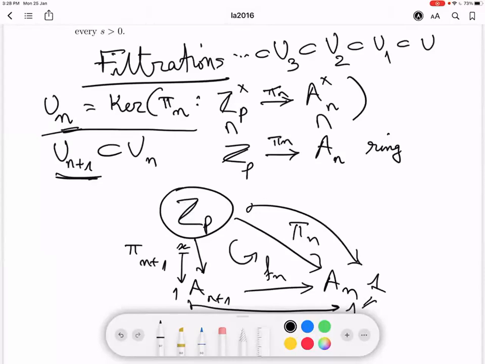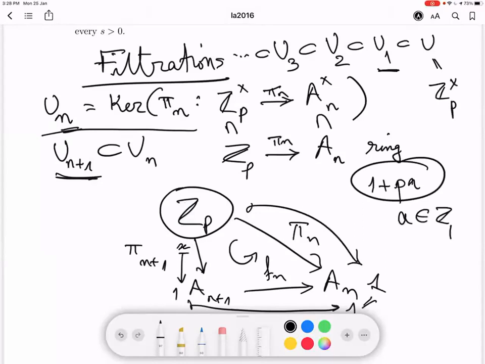So basically, you have U, which is Zp star, all units. They contain U1, which is a subgroup consisting of units of the form 1 plus p times a, where a is an arbitrary element in Zp. Similarly, Un consists of elements of the form 1 plus p to the n times a, where a is in Zp.